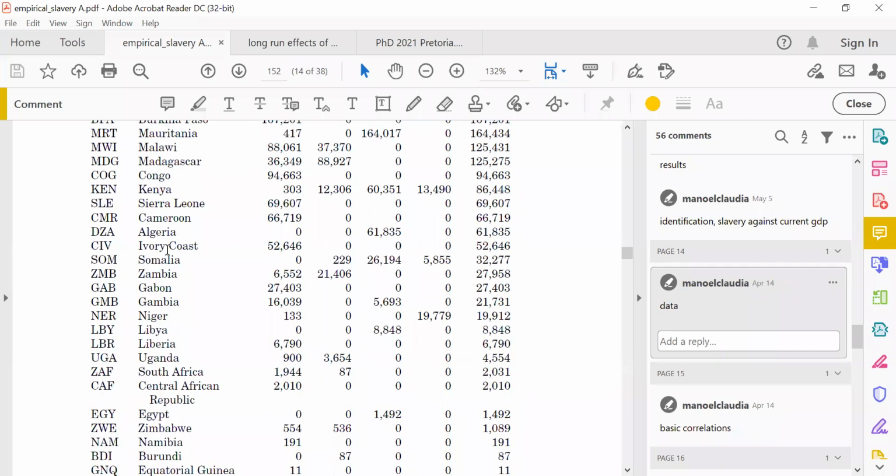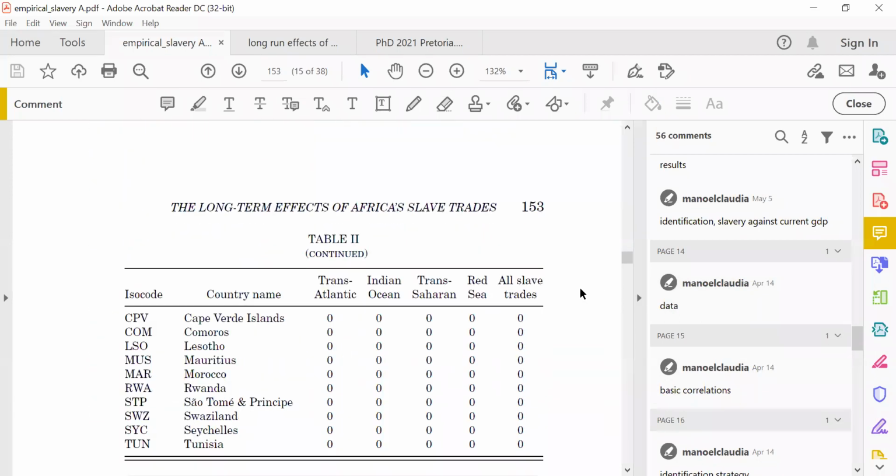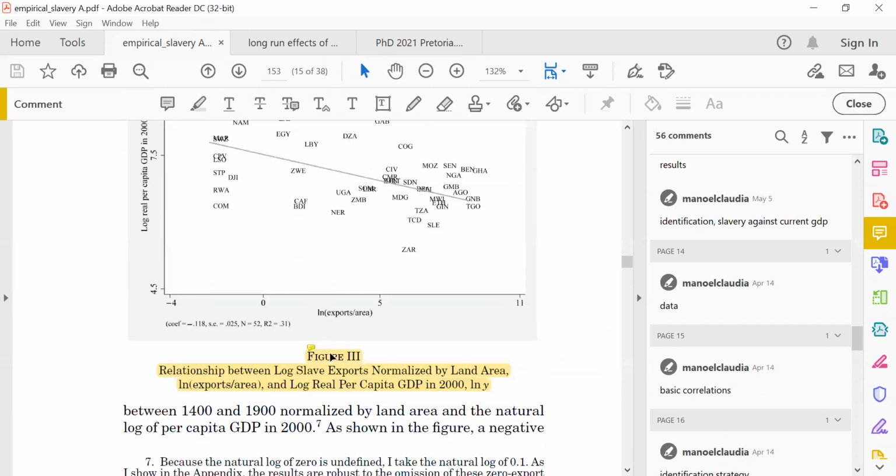There are other countries there. South Africa is down there, right? But just to give you an idea of the countries in this sample.